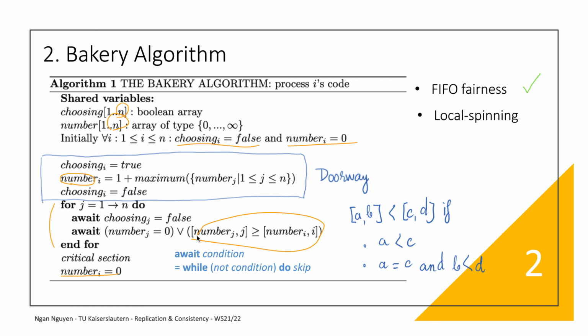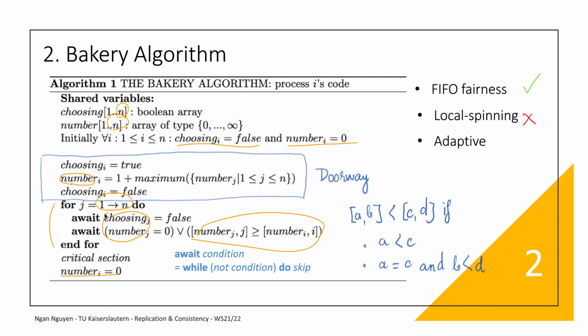But it doesn't satisfy local spinning because here it spins on choosing[j] and number[j], which are shared variables and don't exist in its local memory.